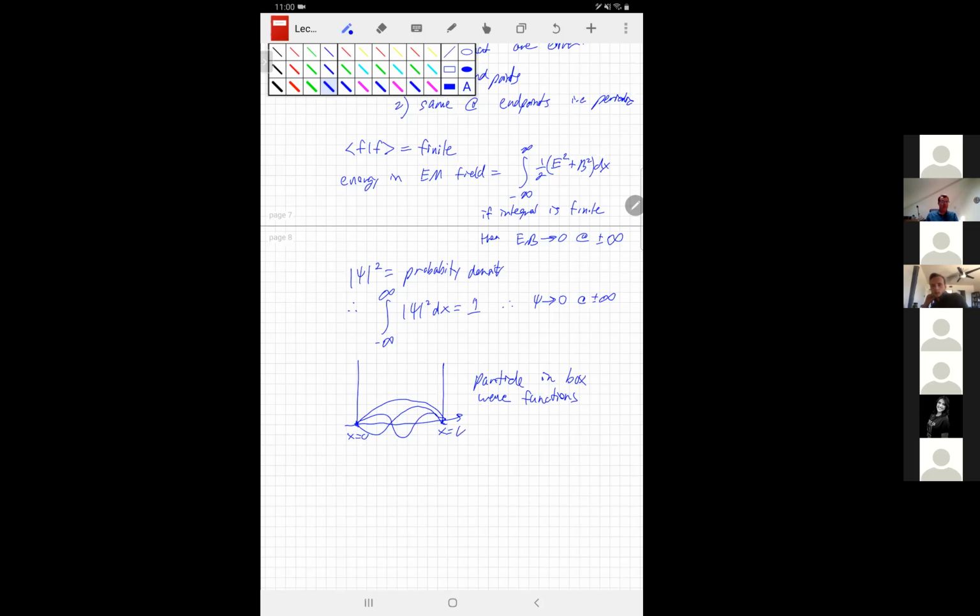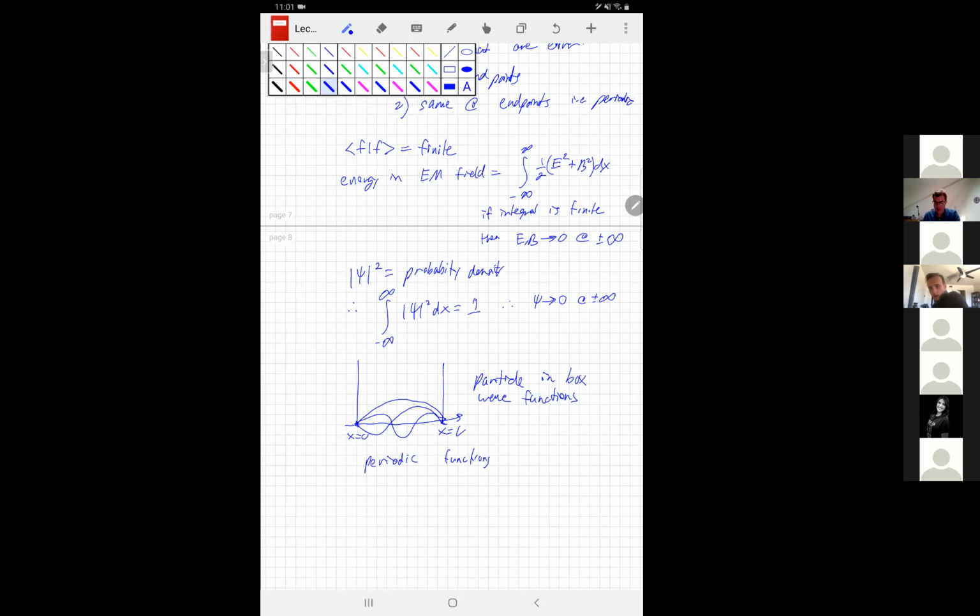Then there are periodic functions: waves in a crystal, waves in some repeating system. Now there's a little bit of a nuance there, but we're not going to worry about that today. Maybe I'll talk about Bloch's theorem and some of the subtleties some other time. But in general, in physics, we deal with periodic functions a lot. So as long as we deal with periodic functions, then we're okay.